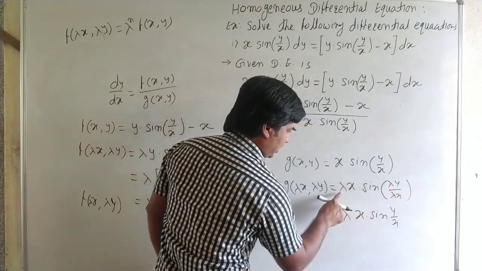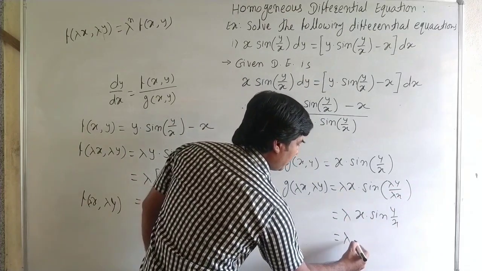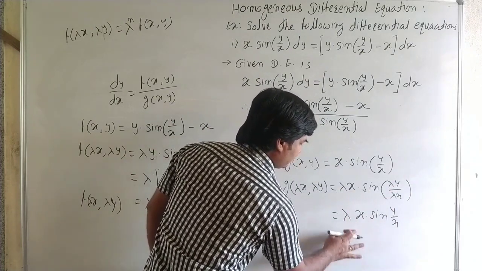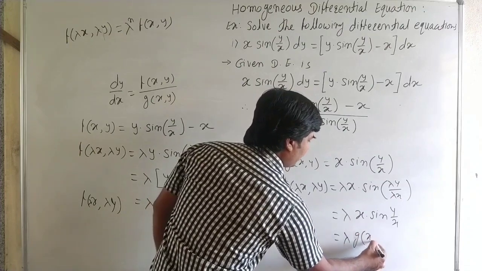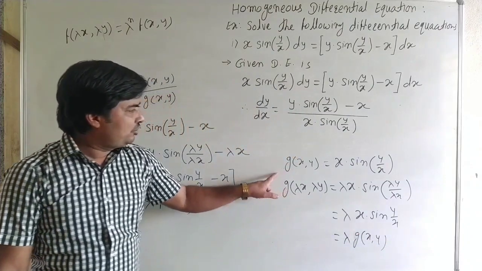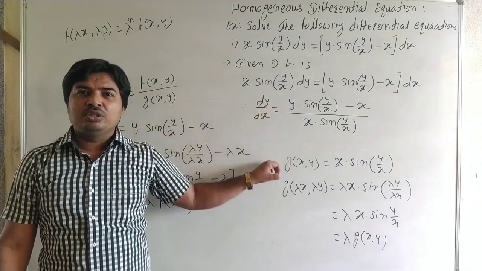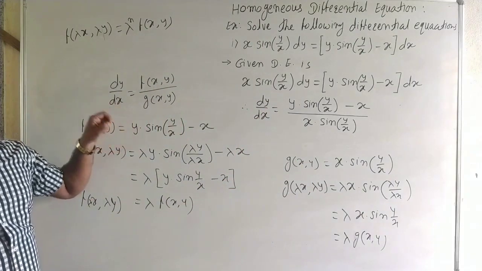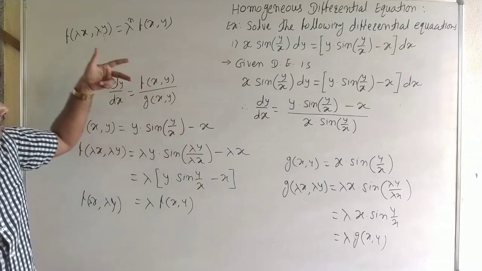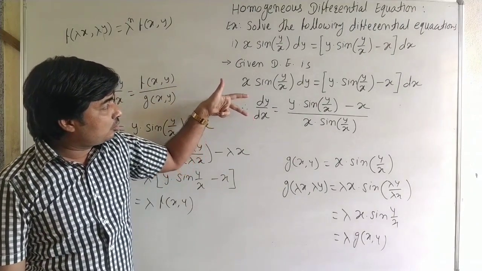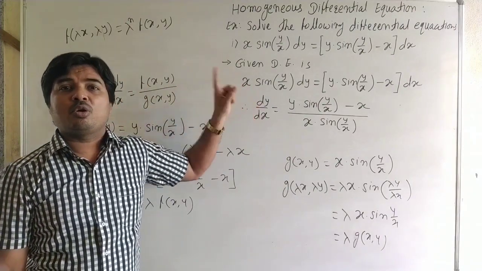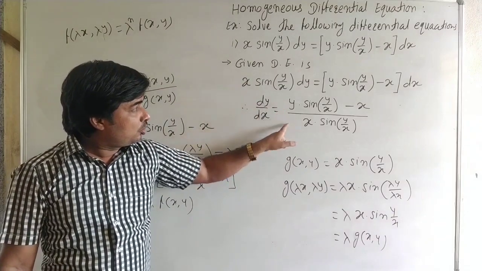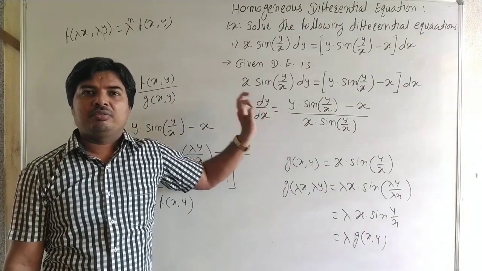This lambda gets cancelled in the angle, and it is lambda g of x comma y. That means g of x comma y is a homogeneous function of degree 1, and f of x comma y is a homogeneous function of degree 1. That means it is a homogeneous differential equation of degree 1.